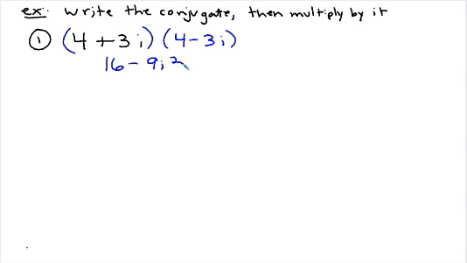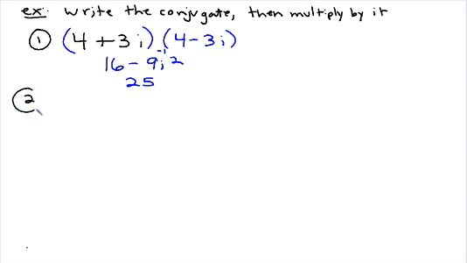The i disappears, and the answer is 25, because i squared is negative 1. Okay, i squared is negative 1. Now, that one's pretty obvious.